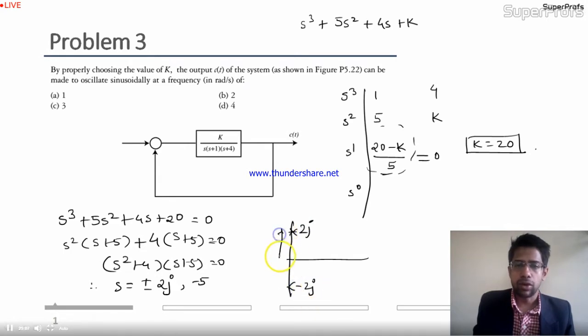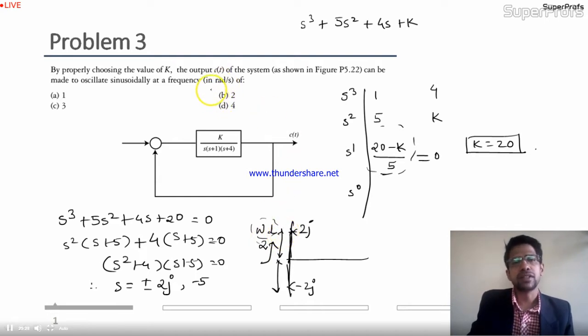So what is the magnitude of these two roots? It is equal to 2. And you know that this is nothing but the omega d frequency. Okay. So this is the value we are interested in, which is 2 radians per second.